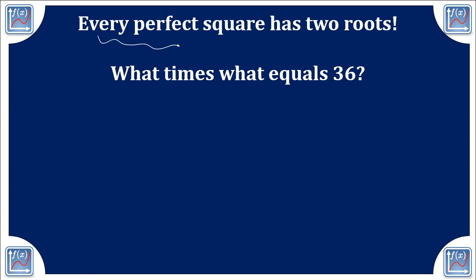So let's talk about how every perfect square has 2 roots, meaning there's a number you can multiply by itself to get 36. So we know that 6 times 6 is 36. So positive 6 is a root. But remember, when we square any number, we get a positive product.